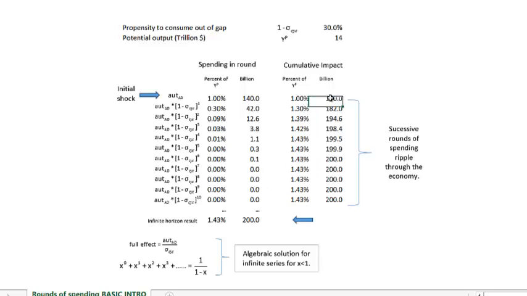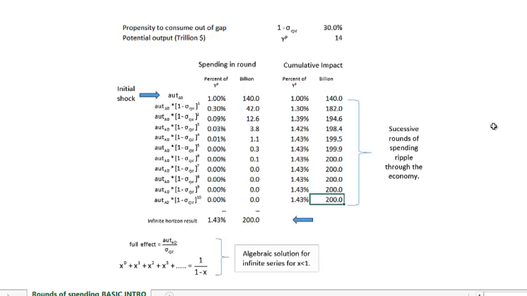Now here we have billions of dollars. $140 billion, and we add on that 42 and we get 182. Then we add on the extra 12.6 and we get 194. And then with another 3.8, we get 198.4. With another 1.1, we get 199.5, etc., until we top out here at 200.